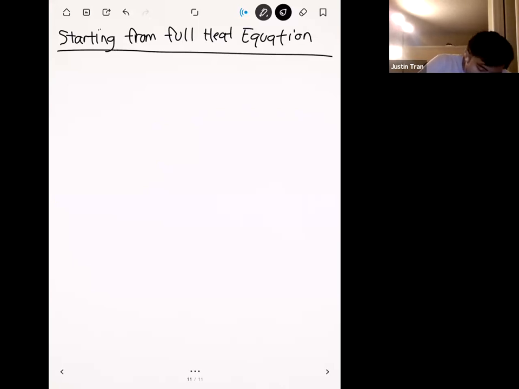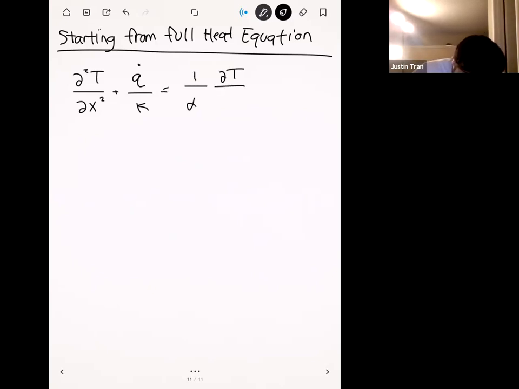Remember, our full heat equation is given by partial squared T partial x squared plus Q dot over K is equal to 1 over alpha partial T partial little t.